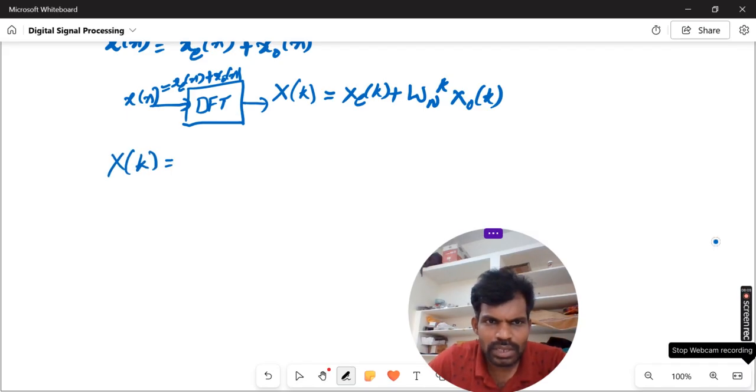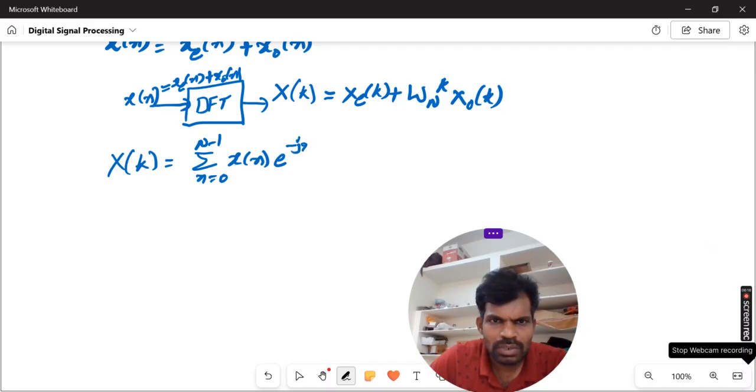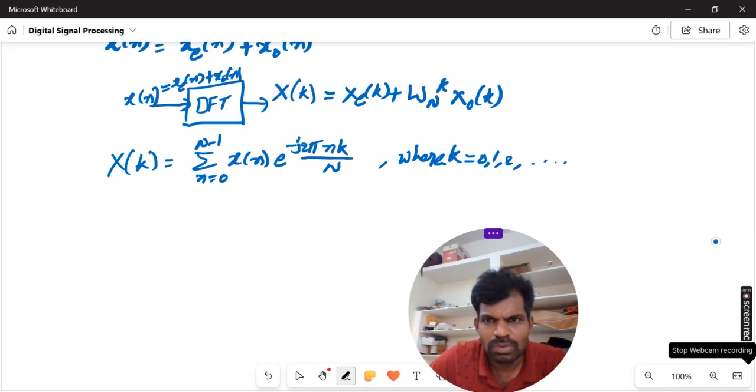Capital X of k is equal to summation n equal to 0 to N minus 1 x of n into e to the power of minus j 2 pi nk by capital N, where k is equal to 0, 1, 2, and so on to N minus 1.